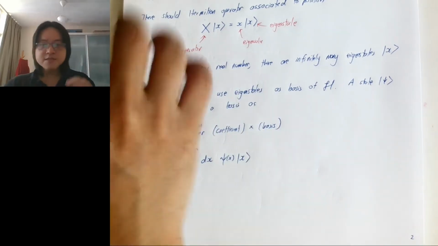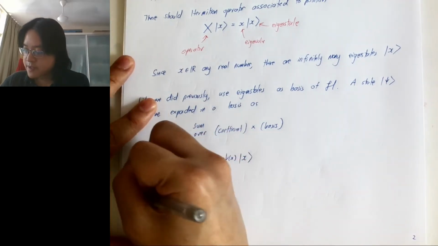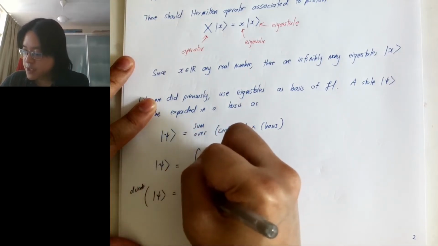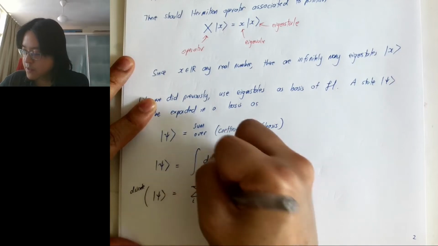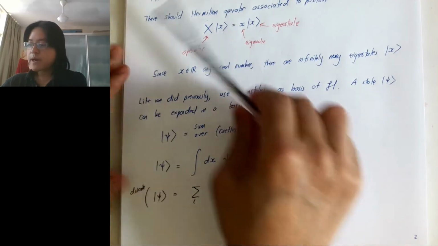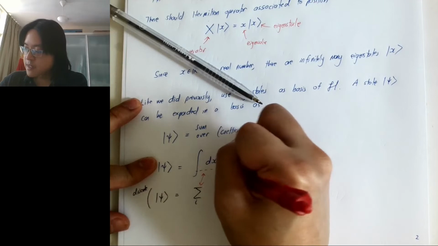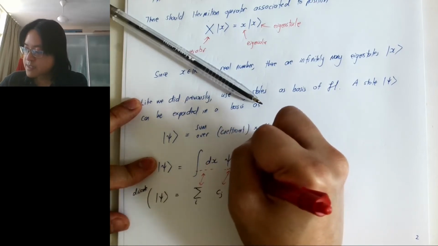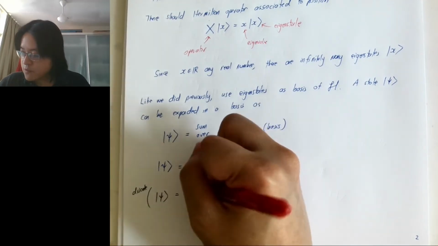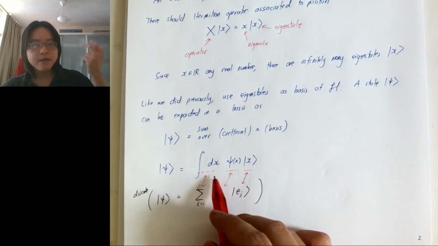Just to compare and contrast, for the discrete basis it was a summation over j of Cj times Ej. The summation becomes this, the coefficient becomes this, and the basis becomes this. When it's finite, n from 1 to n, you do this, but if it's a continuous basis, then the summation becomes an integration.